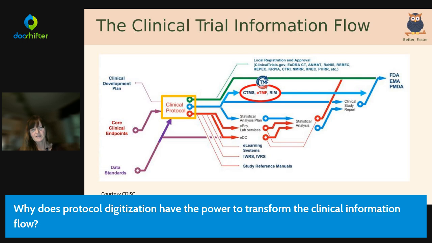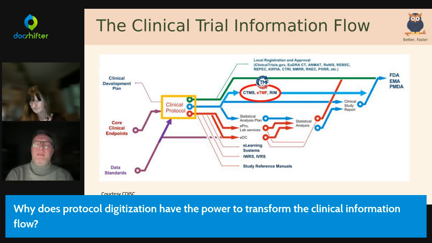So you can see there's a vast ecosystem of information that can be partially or even totally, in some cases, automated if we know the information about the clinical protocol and it's standard and it's structured in a way that we know that it'll be complete. So really the themes are automation, consistency, and completeness, which is not entirely true with M11. That's really focused on standardizing information that's given to the health authorities.